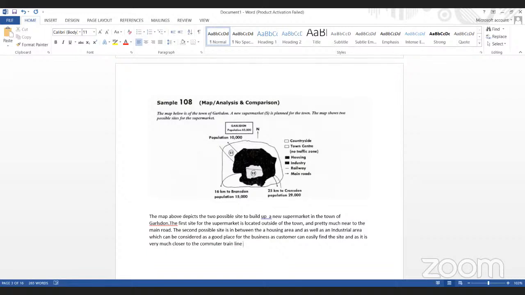Commuter train line නැහැට ගොඩක් ළඟින් තියෙනවා, right? 25 km from Cardiff City, right?